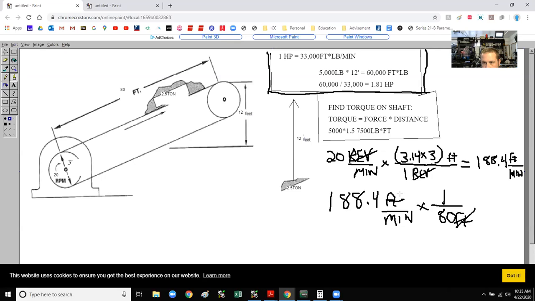Then these cancel, and 188.4 divided by 80 equals 2.355. 2.35-ish minutes.